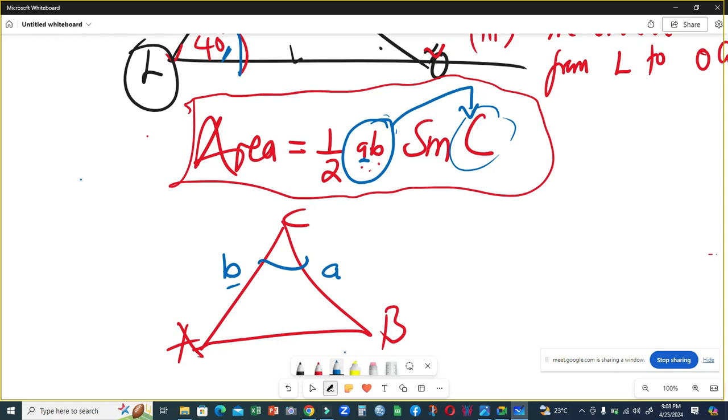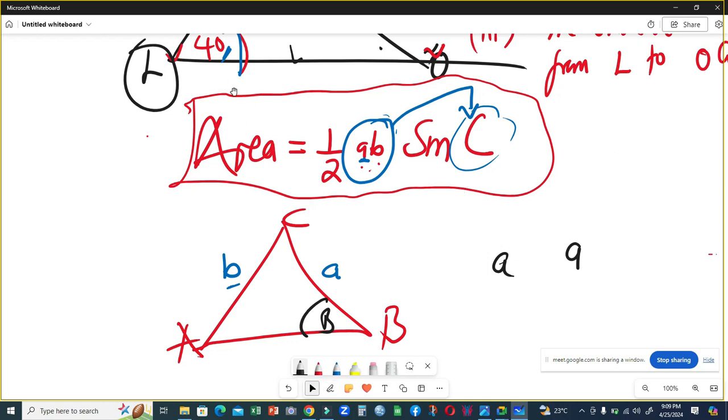For example, if you have been given AB and you don't know the value of angle C, but you have been given B, then you cannot say AB sine B. It's wrong. So always you need to choose two sides and the included angle. Those two sides have been given, and where those two sides meet, that's the angle you need to get.